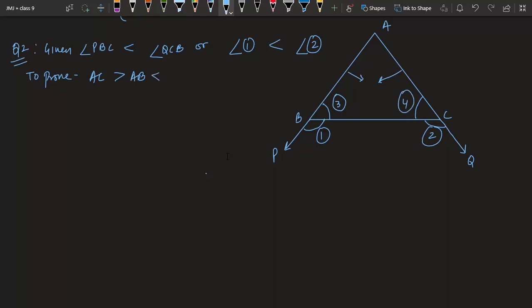To prove this indirectly, you have to show that angle 3, opposite AC, is larger than angle 4. If somehow you prove this part, you can easily prove this part. Now let's see how. So this was the thinking part, the proof.